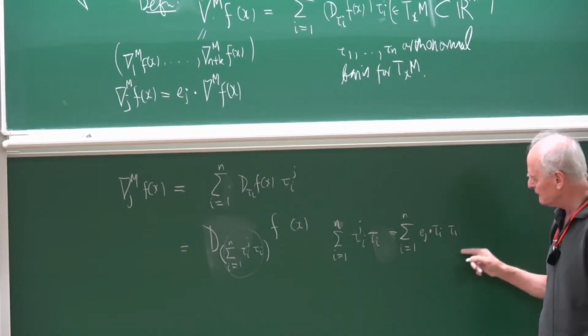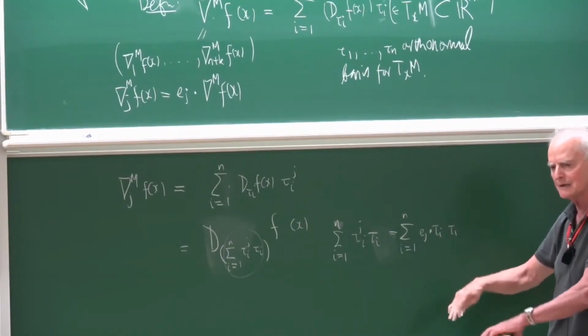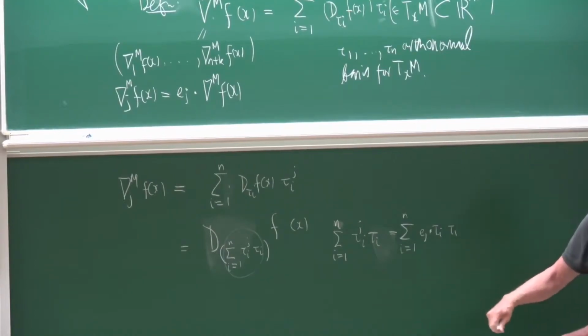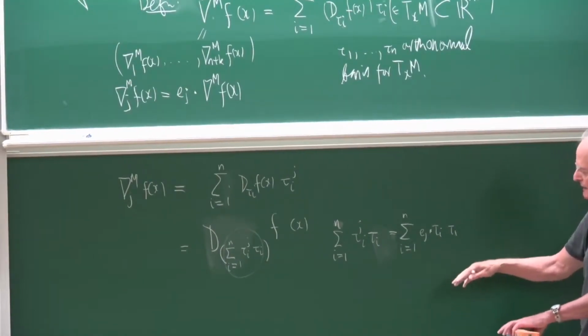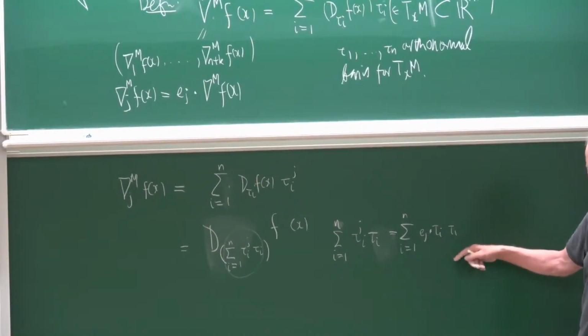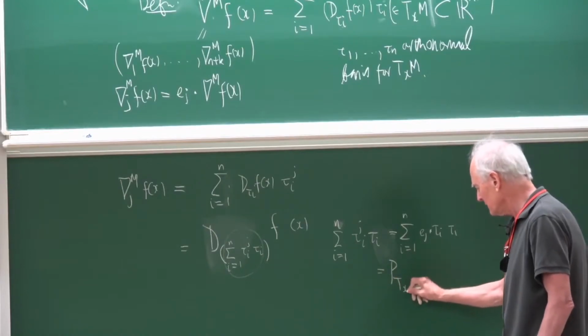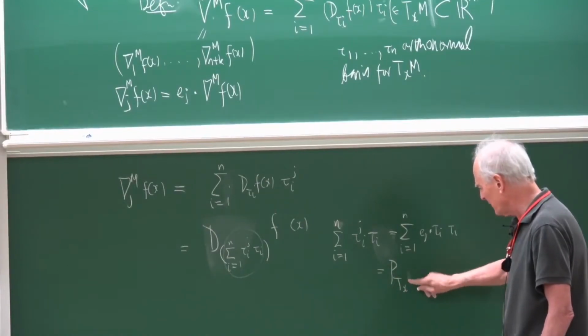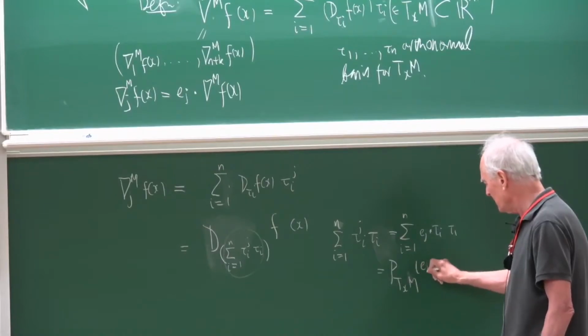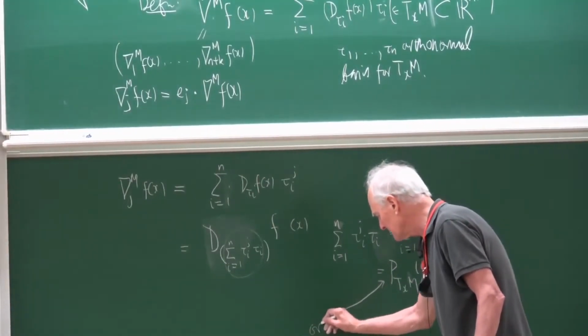That's exactly the formula for the orthogonal projection of the vector e_j onto the tangent space. Whenever you have an orthonormal basis, you can write down explicitly the matrix of the orthogonal projection. It's this guy. So this is exactly the orthogonal projection of e_j onto the tangent space of M at the point x.